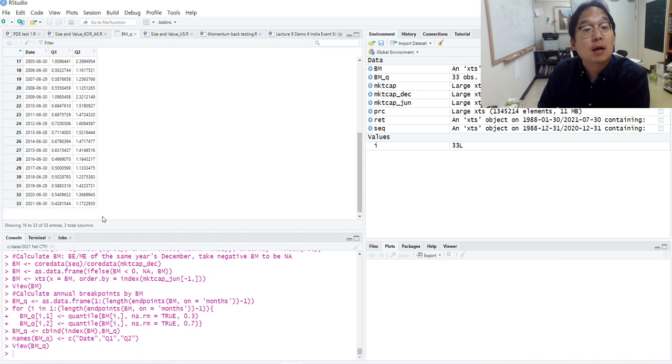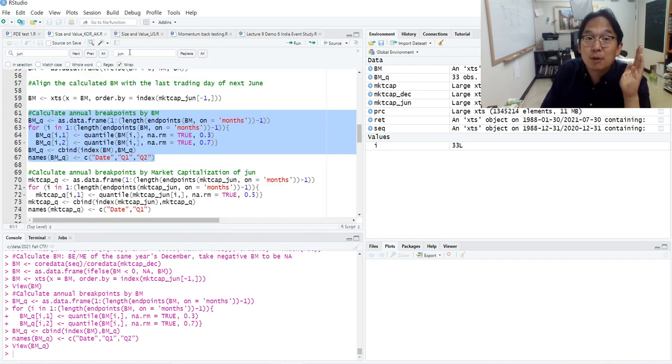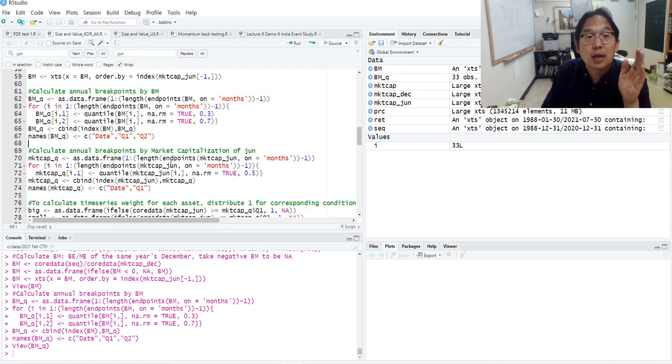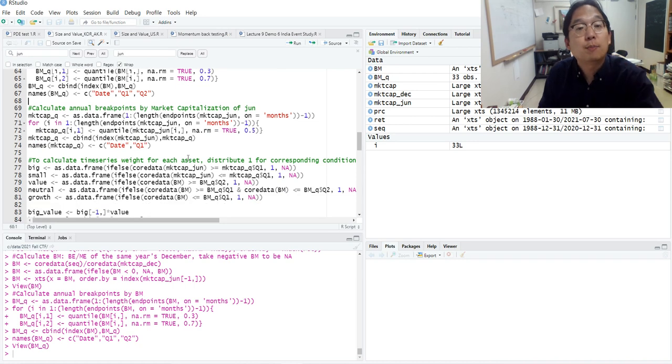Top is like 1.172, and bottom is like 0.428. So those are the 30 and 70 percentile breakpoints. We're going to use these, check each and every company in each and every fiscal year, June 30th, book to market ratio, and identify if they belong to any of these two groups. So calculate annual breakpoints.